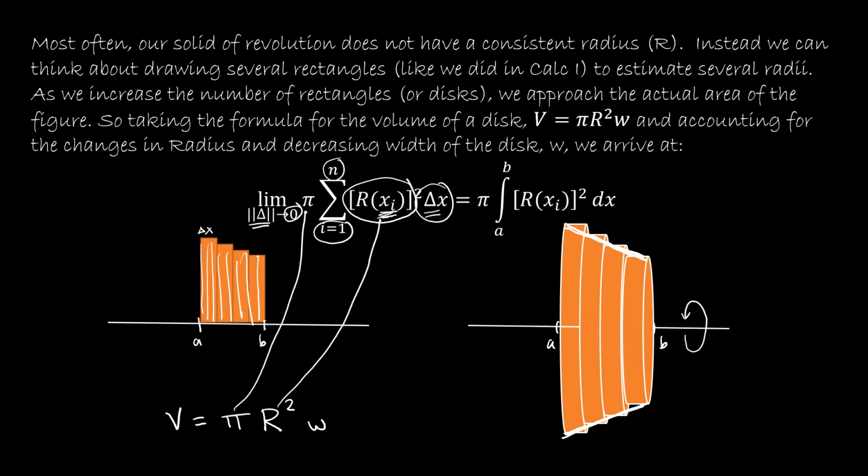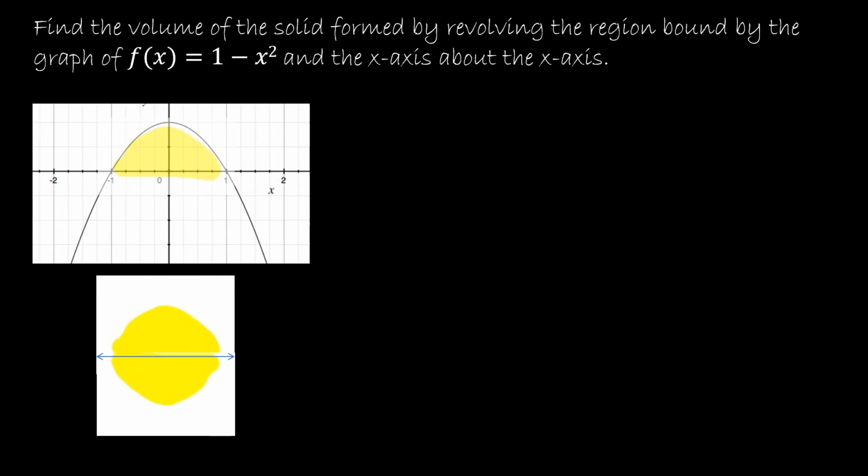As long as we're dealing with a horizontal axis of revolution, which is what we're going to focus on to begin with, this is my formula. We'll talk in just a little bit about what happens when I rotate around the y-axis instead. But this is the formula that we are going to use. So let's take a look at an example, and I've pre-done a little bit for you.